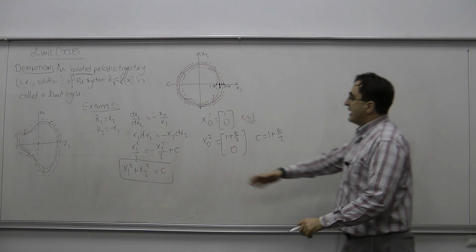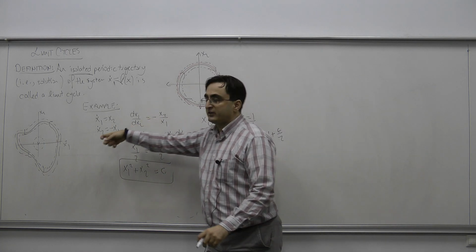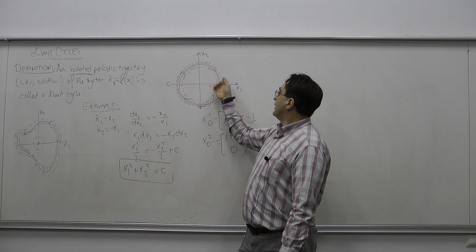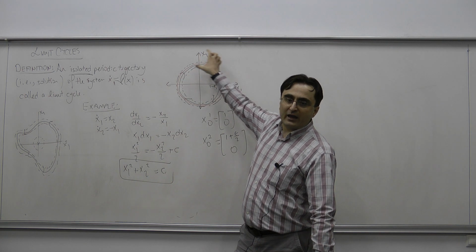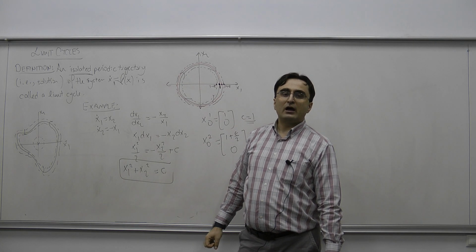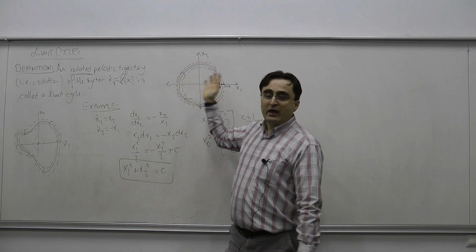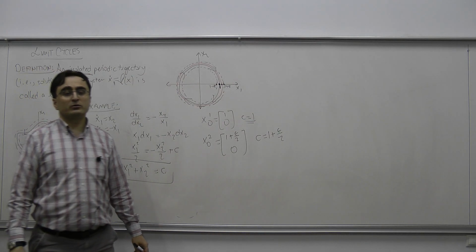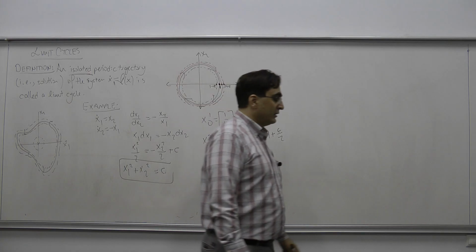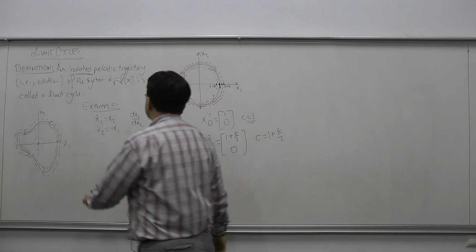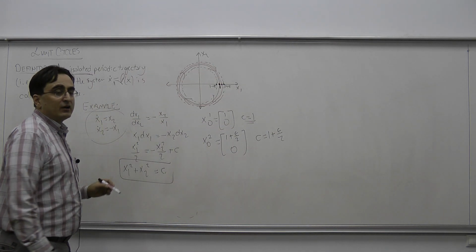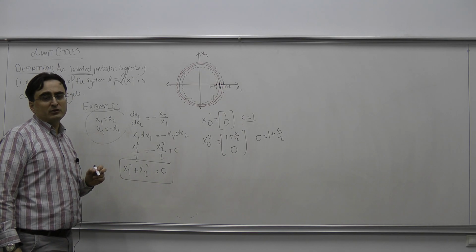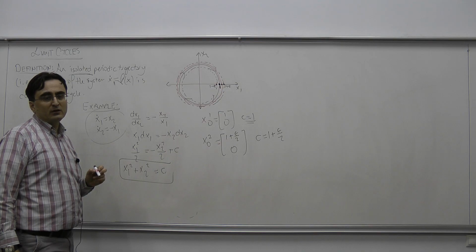So I can take any periodic trajectory of this linear system and look at any epsilon neighborhood, and I can always find another periodic trajectory in the same neighborhood as the original trajectory. So I can say that, yes, this system has periodic trajectories, but none of those periodic trajectories are isolated.